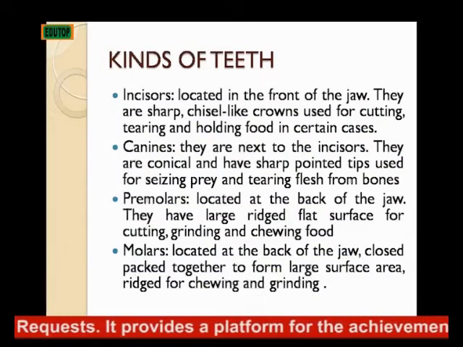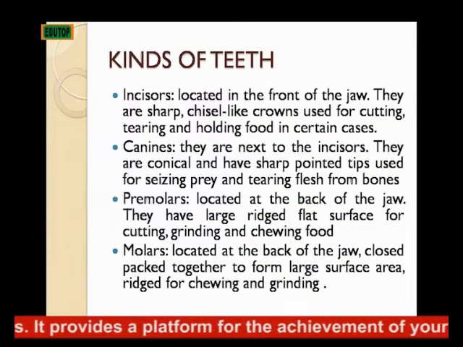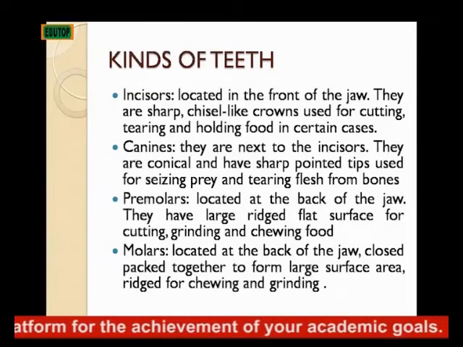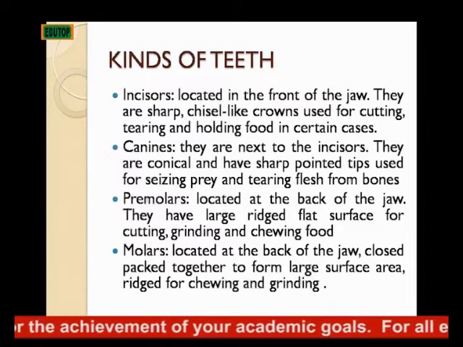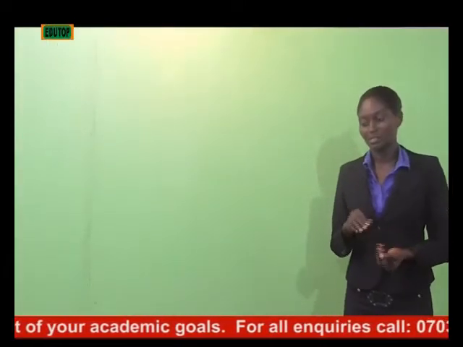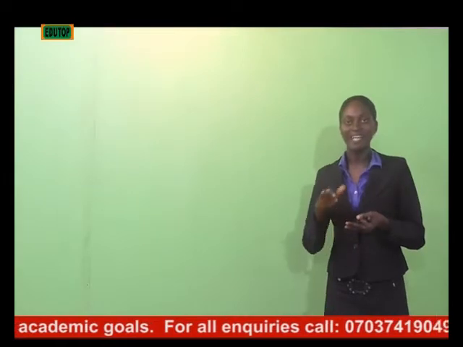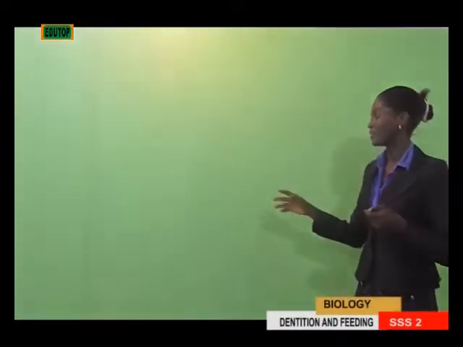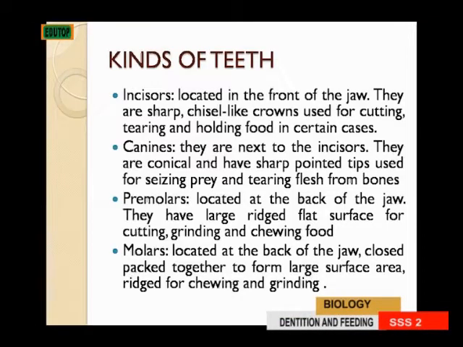The premolars are located at the back of the jaw. They have a large, flat surface for cutting, for grinding, and for chewing. So the surface of premolars is not smooth, it is kind of scissors-like in shape, and they are used for grinding and chewing.